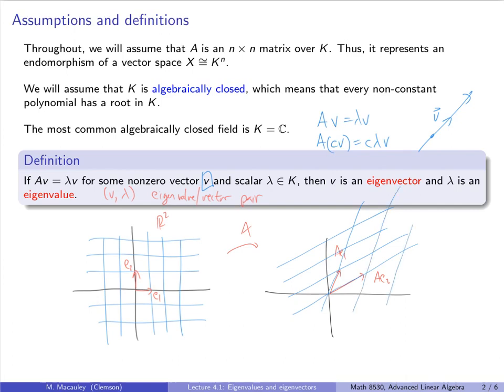The idea here is, if you look at e1, e1 gets mapped up here. So e1 is going to rotate and stretch out to somewhere up here. And e2 is going to rotate in this direction and stretch out, I don't know, somewhere there. So the claim is that somewhere in between, there's going to be some vector that, if you apply A to it, is just going to get scaled.